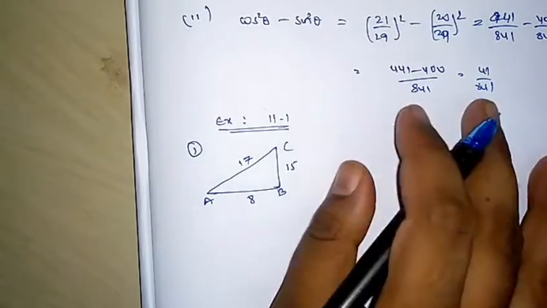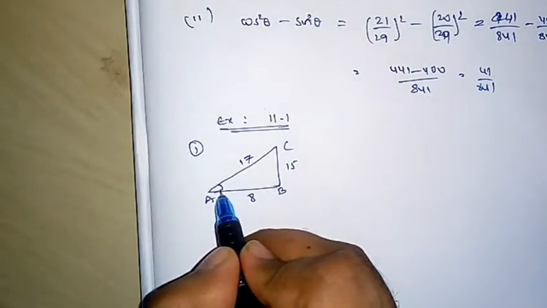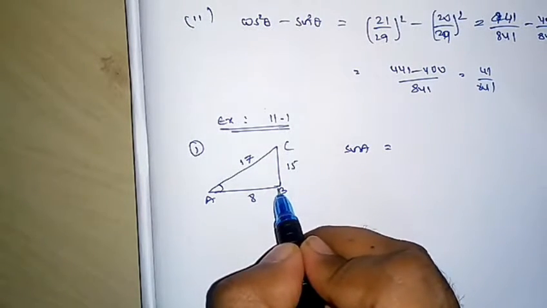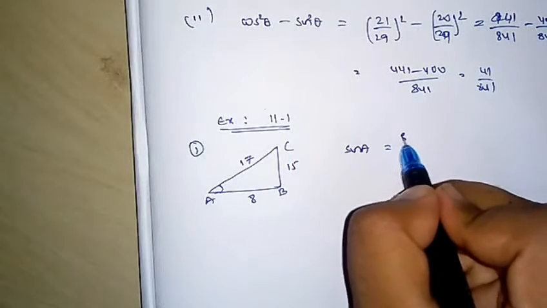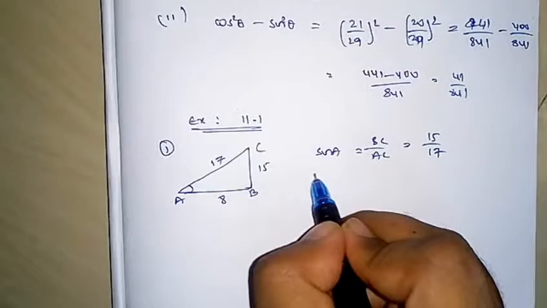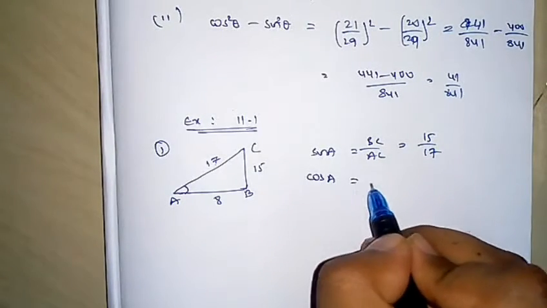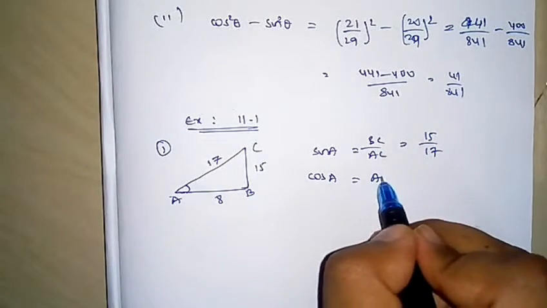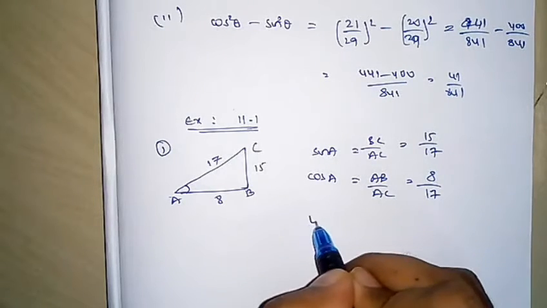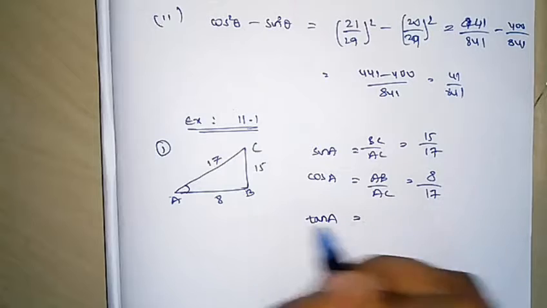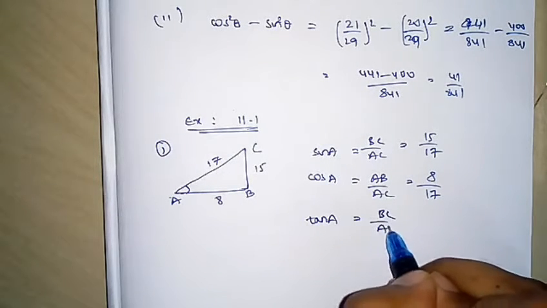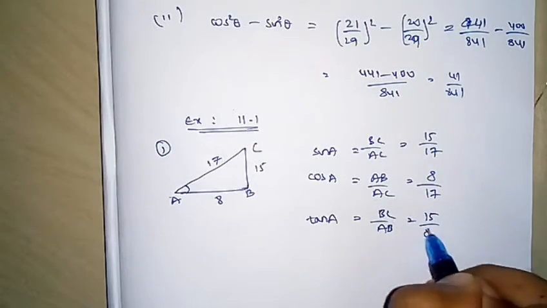Then find out sin A. Angle A. Sin A will be opposite side BC by hypotenuse AC. So BC by AC is equal to 15 by 17. Cos A will be adjacent side AB by hypotenuse AC is equal to 8 by 17. Tan A will be opposite side by adjacent side. So BC by AB, which is equal to 15 by 8.